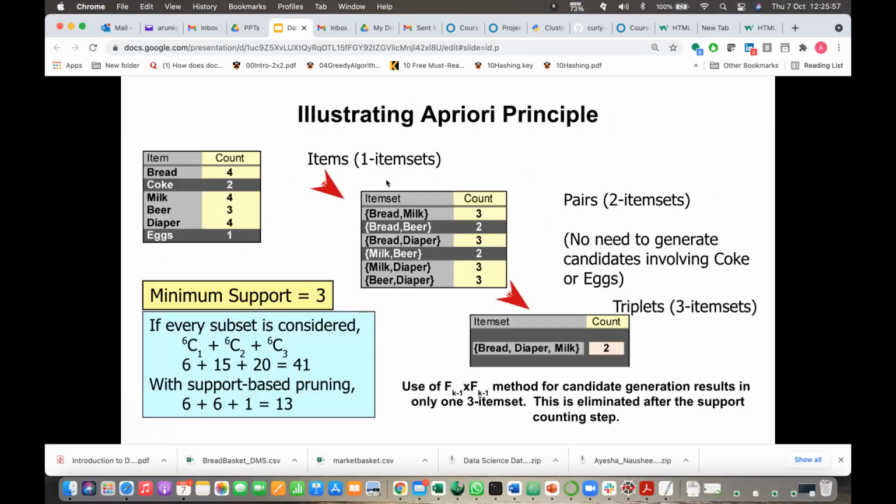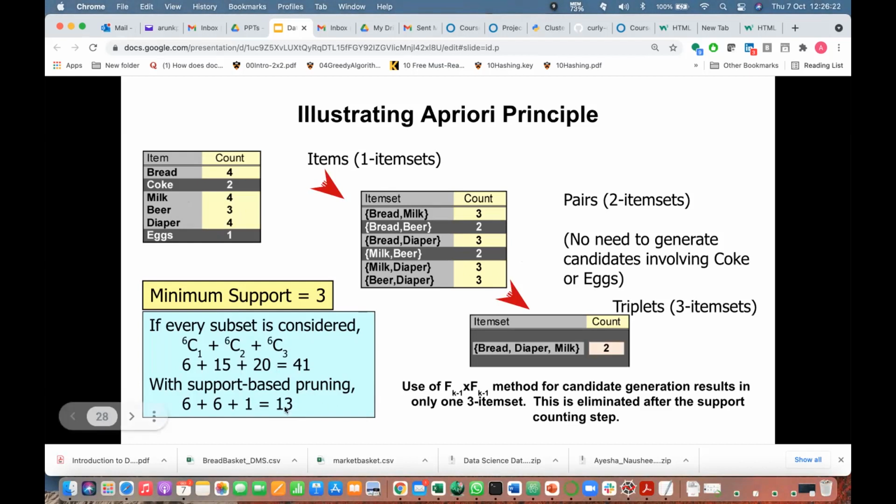Then illustrating this a priori principle, we are trying to get frequent item sets of 1, then frequent item sets of 2. Then with support based pruning, we got 13 here. This is what we computed already. So how did you get 13?